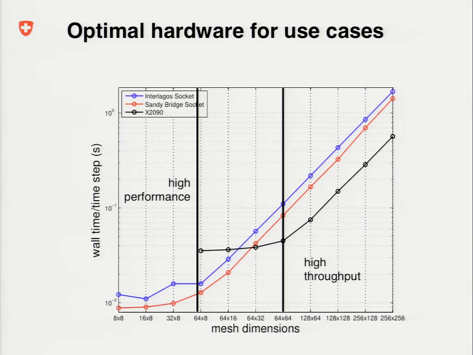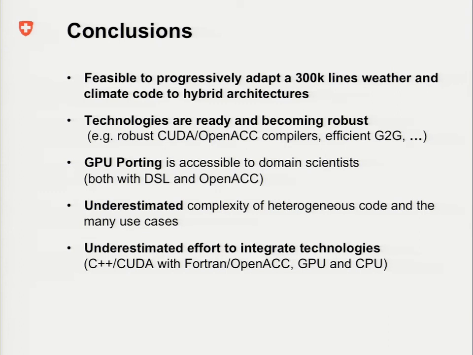Say you want to solve a very large problem for only 1 day, and then you're probably much more in this high throughput mode. It happens to be that MeteoSwiss is sitting pretty much here in this throughput mode, and this is where GPUs are very attractive. But depending on your use case, you might find out that the optimal hardware for your use case might be different. Okay, so what are the conclusions?